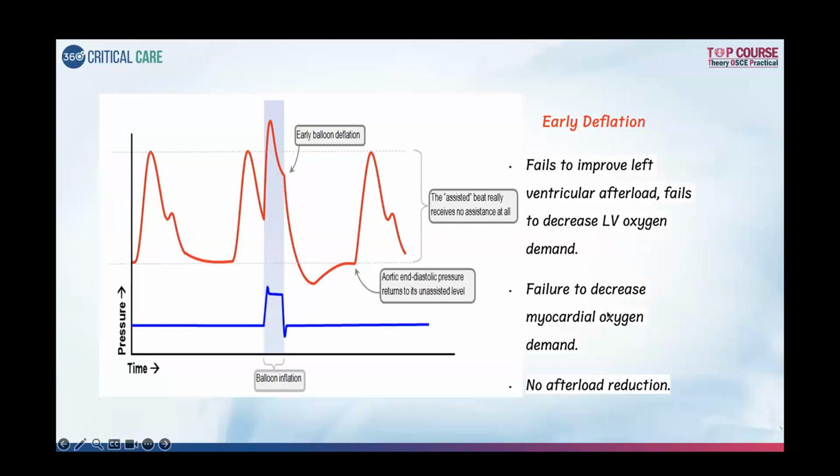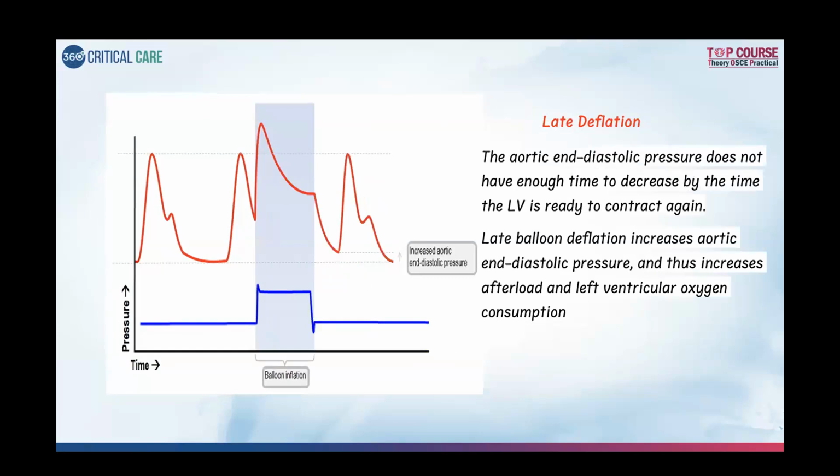It also fails to decrease myocardial oxygen demand and does not help in any reduction of the afterload because it is deflating very early, right? So early deflation can lead to failure to decrease the oxygen demand, like you still need much more work done by the cardiac muscles because there is no decrease in afterload, and also there is suboptimal augmentation of the diastolic flow to the coronary arteries.